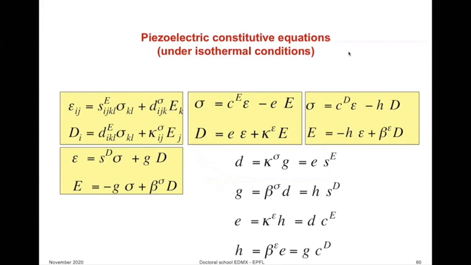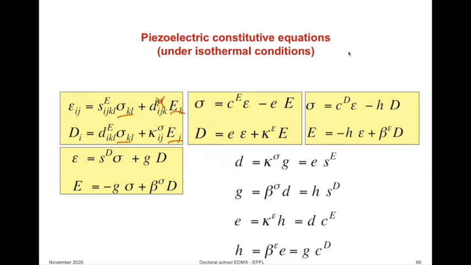So I will not consider temperature here, but we will consider both electric field and mechanical stress in this pair of equations, and this here should be eliminated.